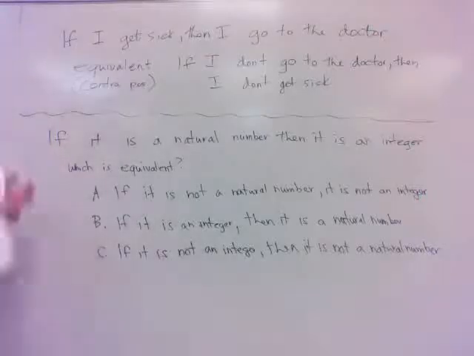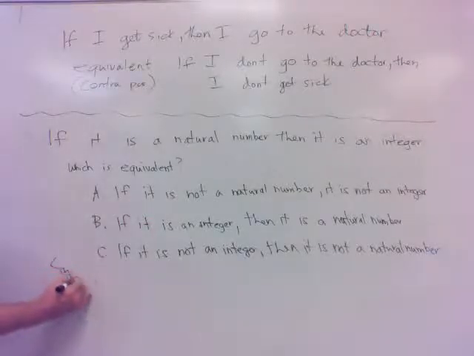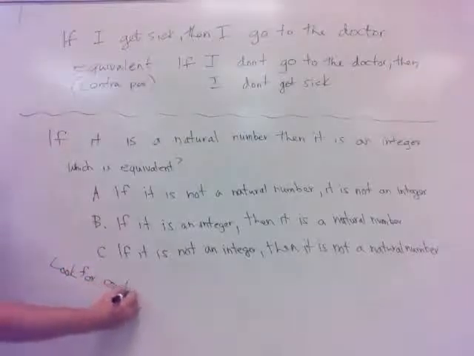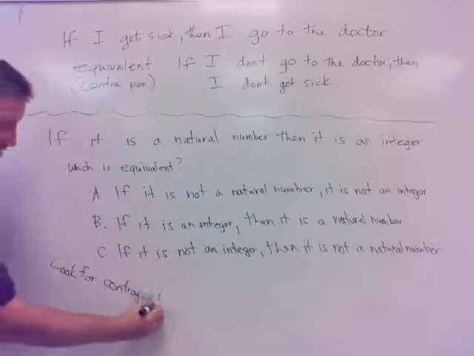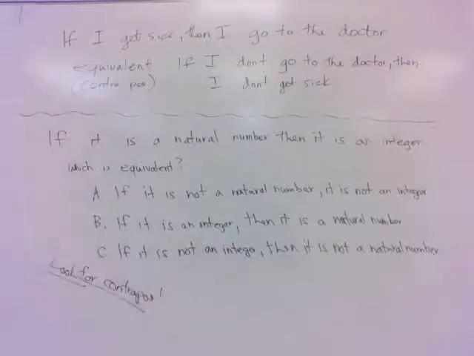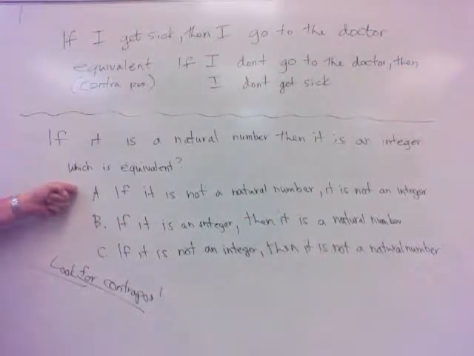Because that's what we know. The converse and the inverse are not necessarily going to say the same thing. We're looking for the contrapositive because we know the contrapositive is equivalent. And the contrapositive does what? It flips and it negates. So is A the flip and negate? Nope, it's just the negate, right?